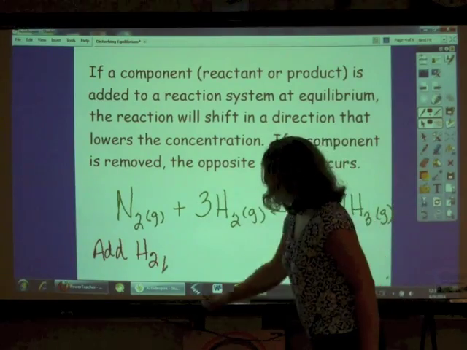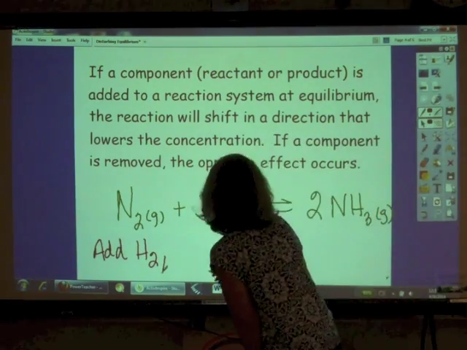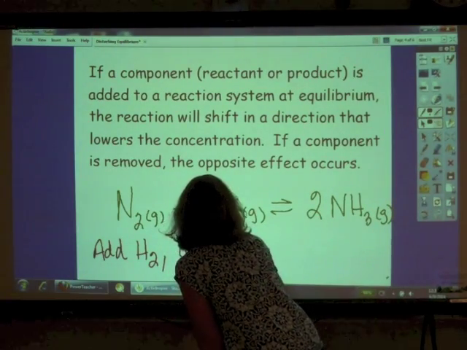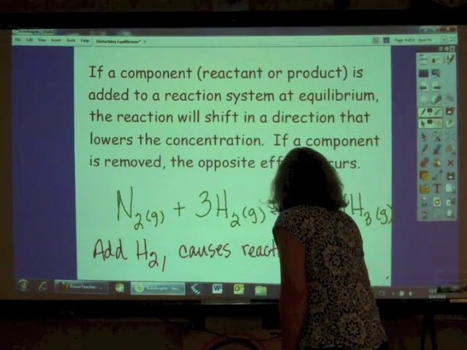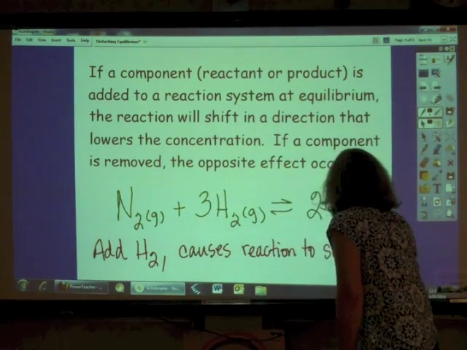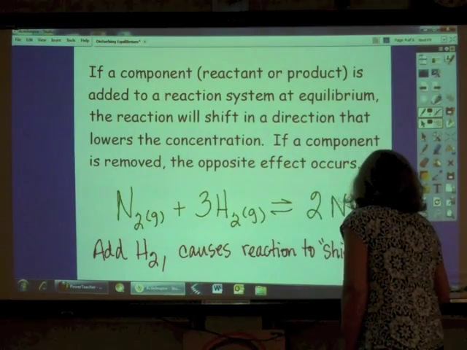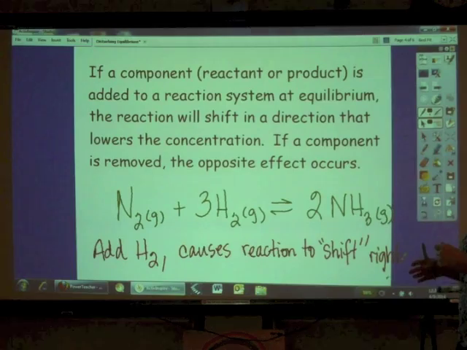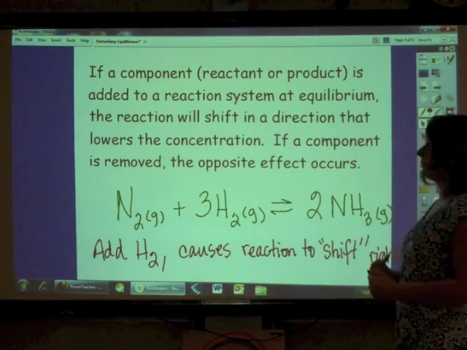So add hydrogen causes the reaction to shift right. Basically to reduce or to counteract this disturbance of adding it. It wants to get back to equilibrium.